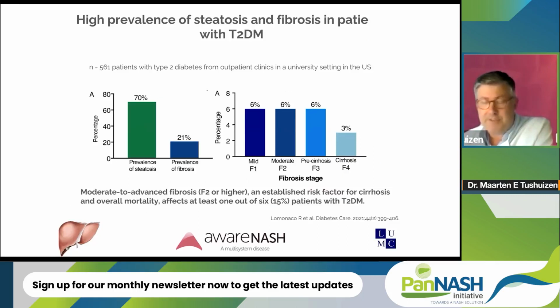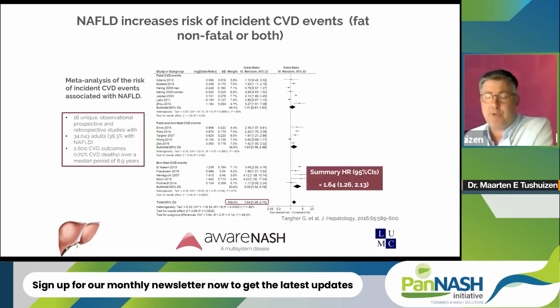The prevalence of steatosis in these patients was 70% and fibrosis 21%. Moderate fibrosis was present in 6% and severe fibrosis in almost 10%. So there are a lot of patients with type 2 diabetes unaware of these high risks. We need to form regular care paths to detect these patients, but this is something in progress.